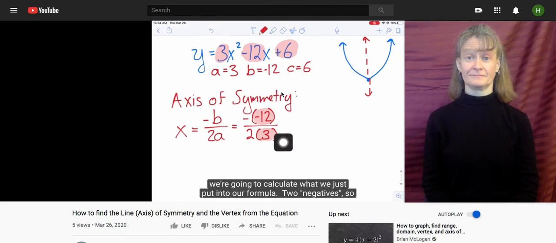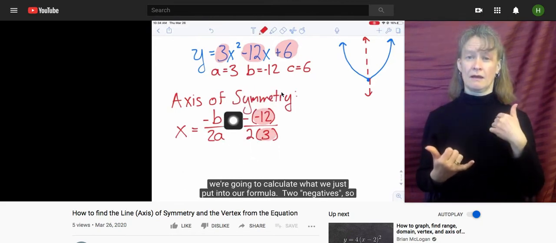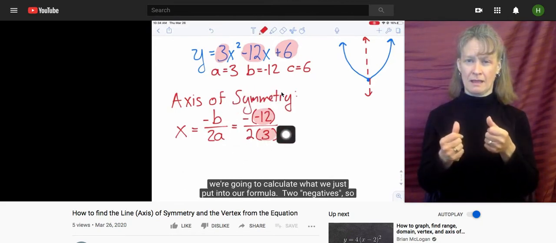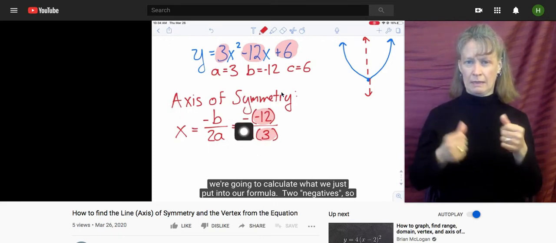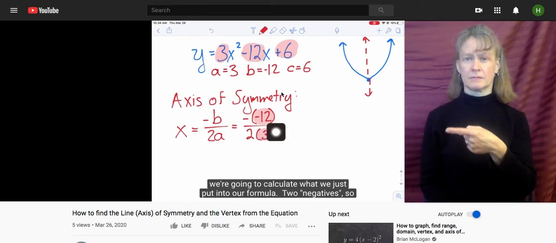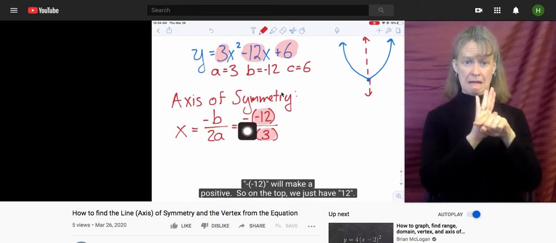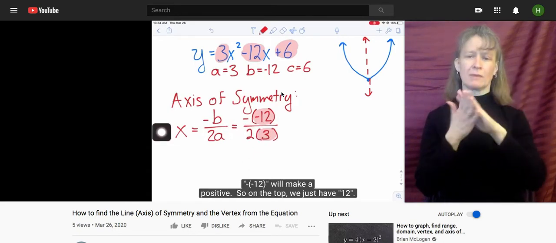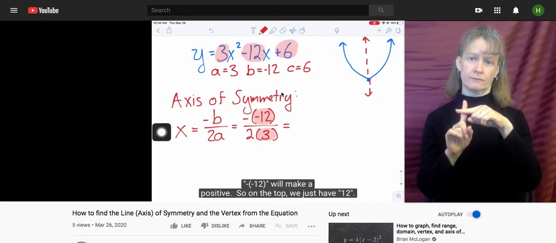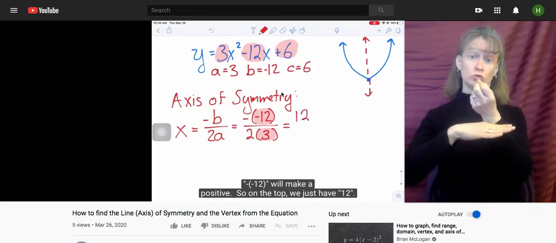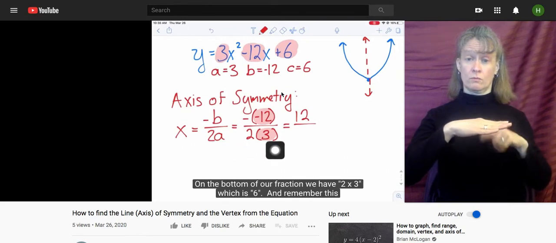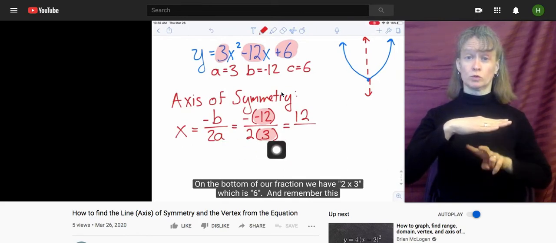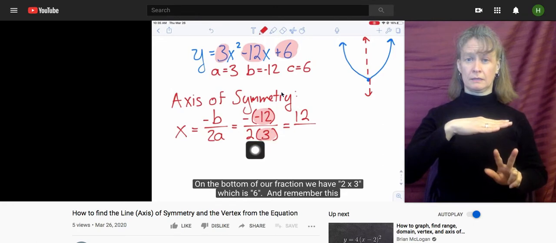So now we're going to calculate what we just put into our formula. 2 negatives, so negative 12, will make a positive. So on the top, we just have 12. On the bottom of our fraction, we have 2 times 3, which is 6.